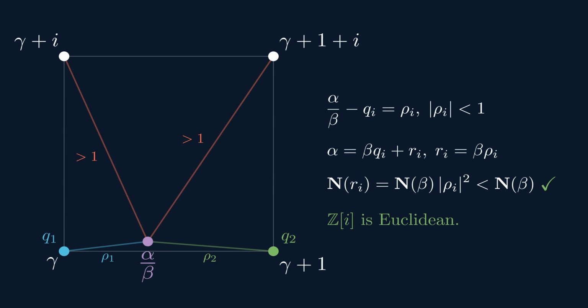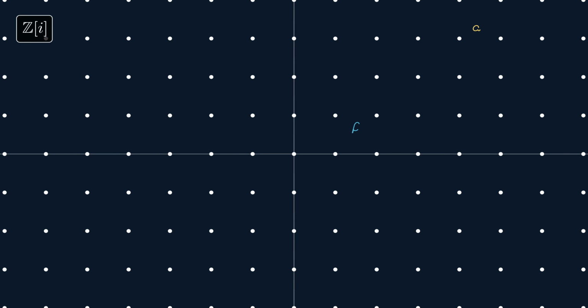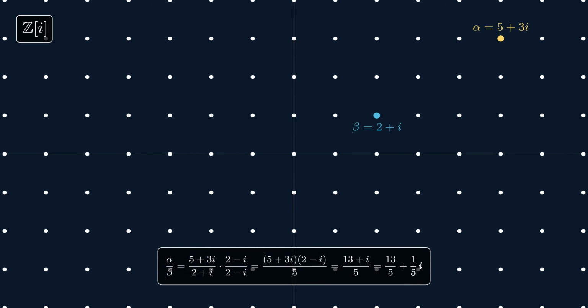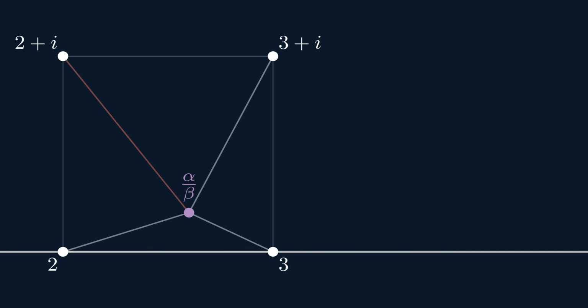Now let's see this with a concrete example. So let's take alpha to be 5 plus 3i and beta to be 2 plus i. And so we can do a similar calculation that we did on the board and see that that is equal to 13 over 5 plus 1 over 5 times i. Now if we look at that within a fundamental square, we'll see that there are 3 valid choices for quotient and remainder pairs.